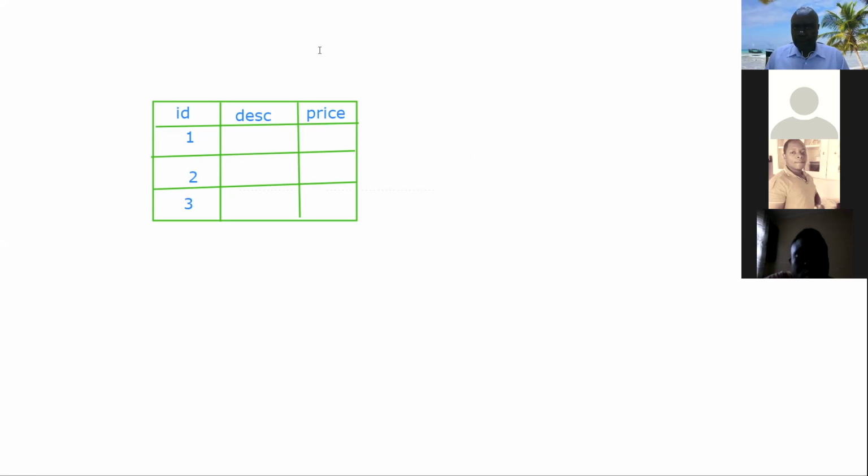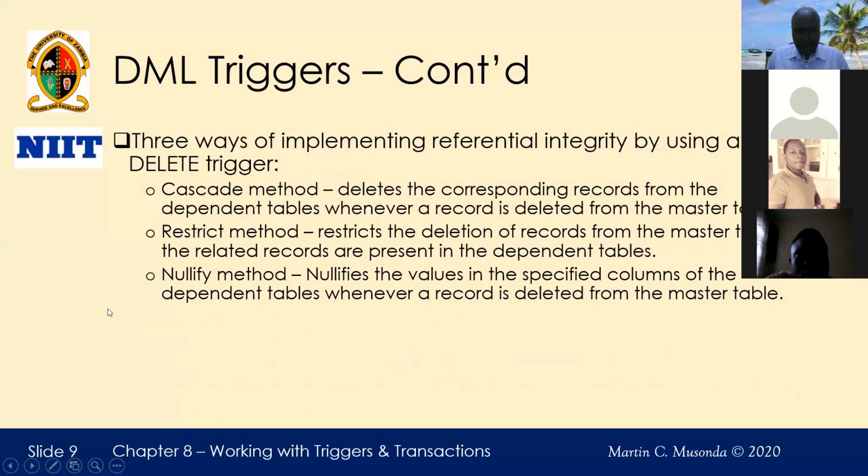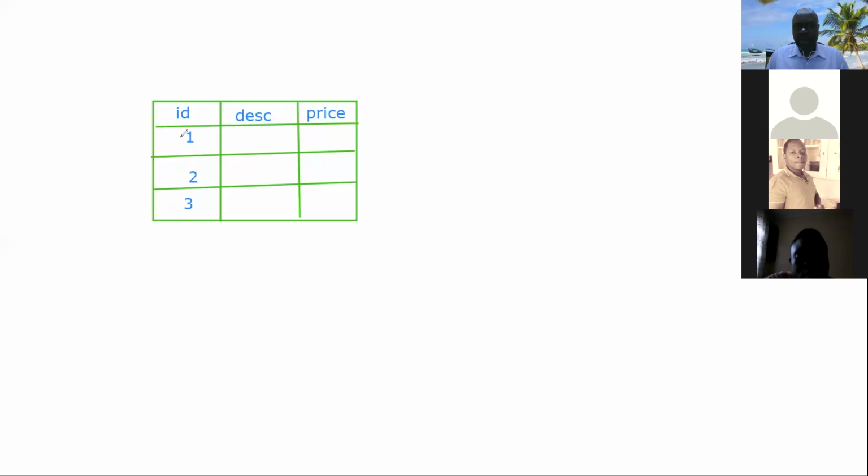Now, I'm looking at the first type of trigger, which is the insert trigger. What happens is that when you insert data into a table, you are adding a new row to this table. So there will be row number 4 added.